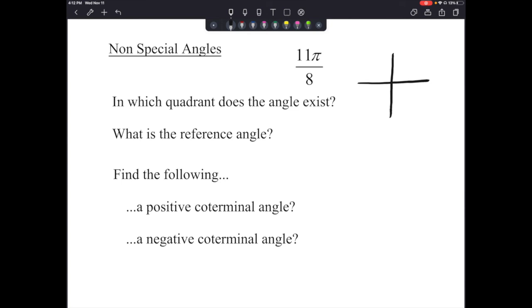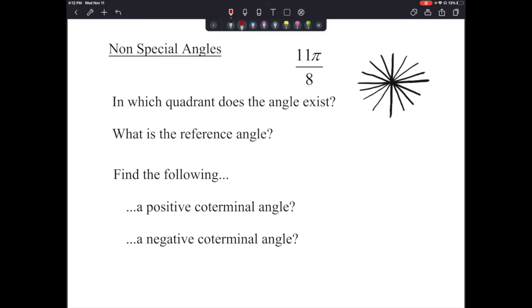So I'm going to count my y-axis as 1, and I need 7 diagonals, right? So there's 1, so I need 3 on each side. I got 1, got 2, got 3, and then we've got 4, 5, and 6 there. So now it is broken into 8ths.